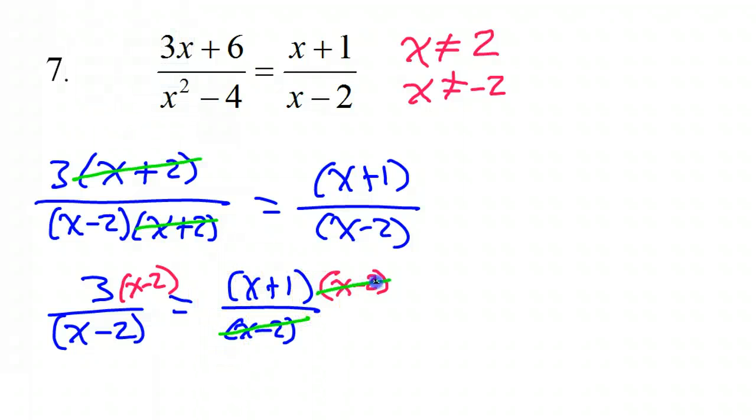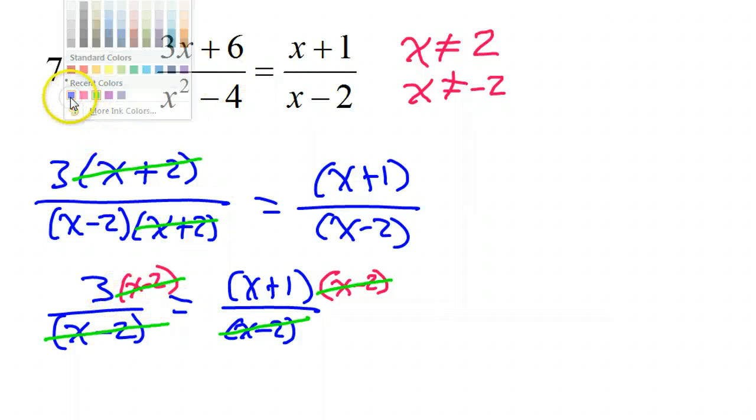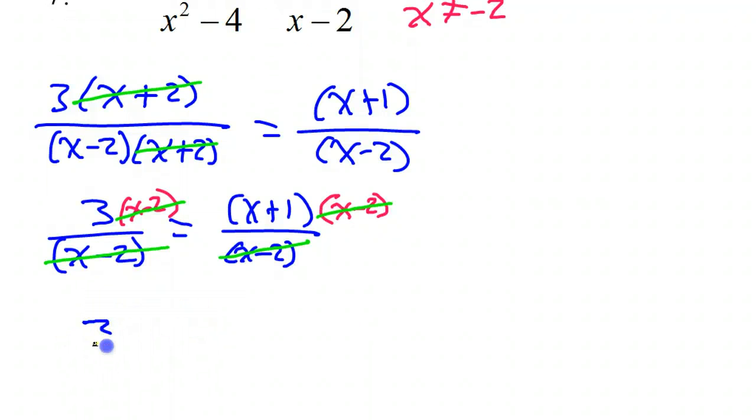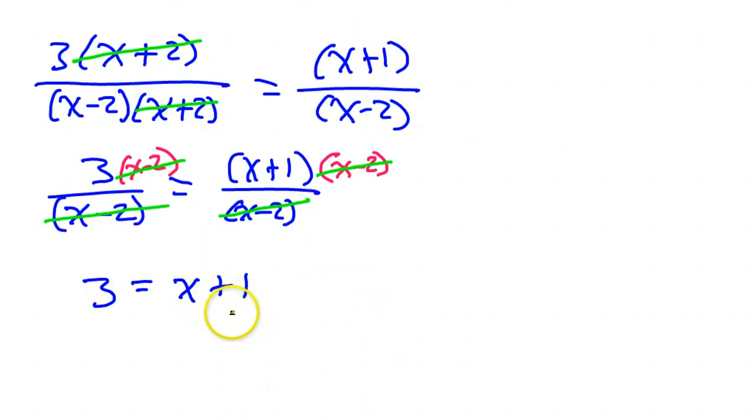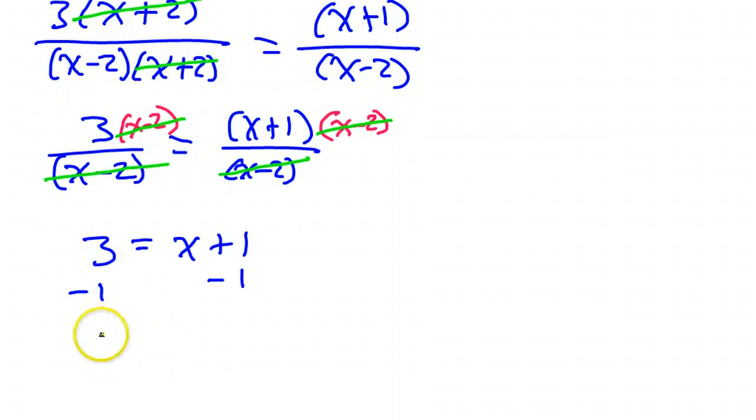The x minus 2's cancel out, and I'm left with a very simple equation. 3 equals x plus 1. Alright, if I then subtract 1 from both sides, that gives me 2 is equal to x, or x equals 2.